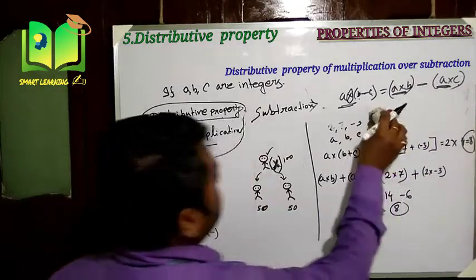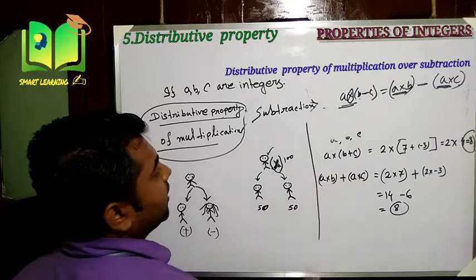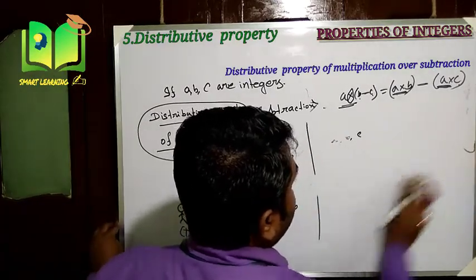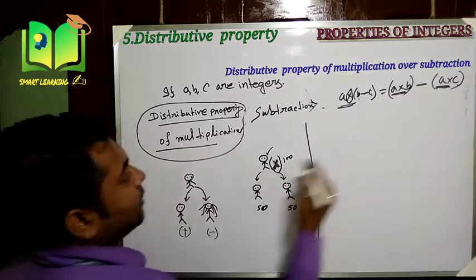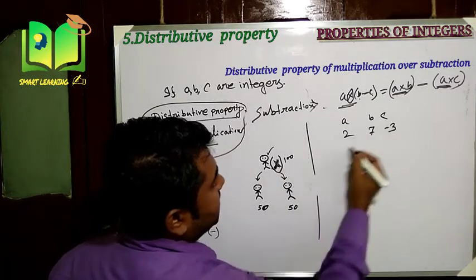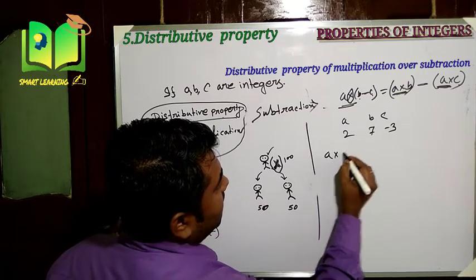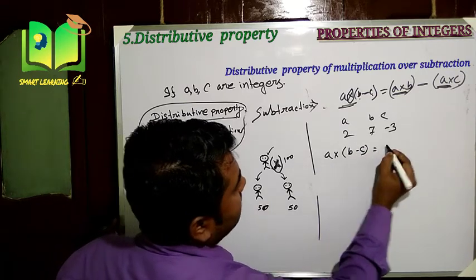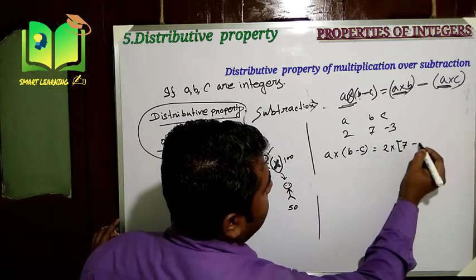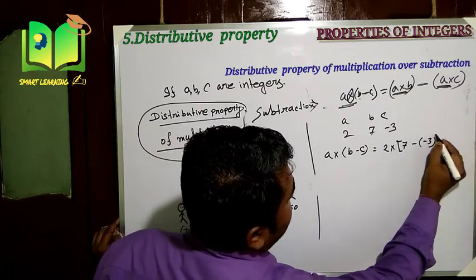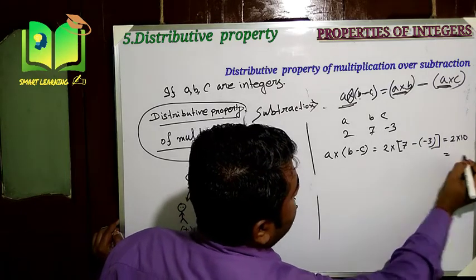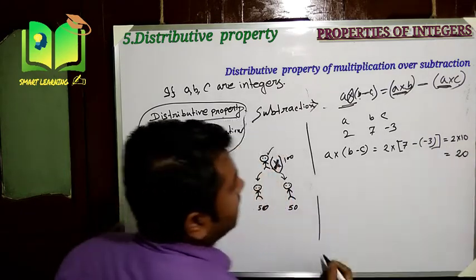Okay. So see, same way we can take 3 values A, B, C: 2, 7, minus 3. So do this one: A into (B minus C) equals 2 into (7 minus of minus 3) equals 2 into 10 equals 20.